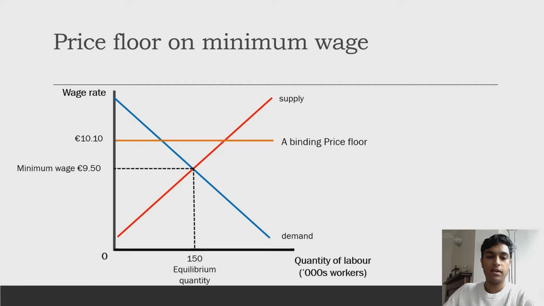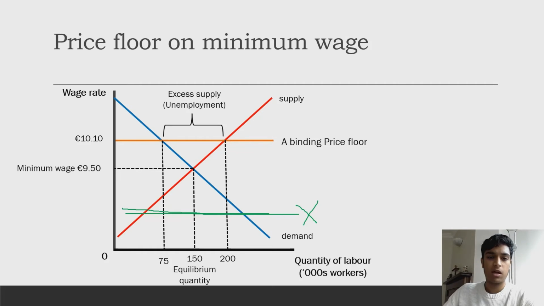And again, it's only binding if it's above the equilibrium. If it was here, it would not be binding, because economic activity would force the prices to equilibrium. The new quantity demanded is 75,000 workers, and the new quantity supplied is 200,000 workers because of the movement along the demand and supply curves caused by the price floor.